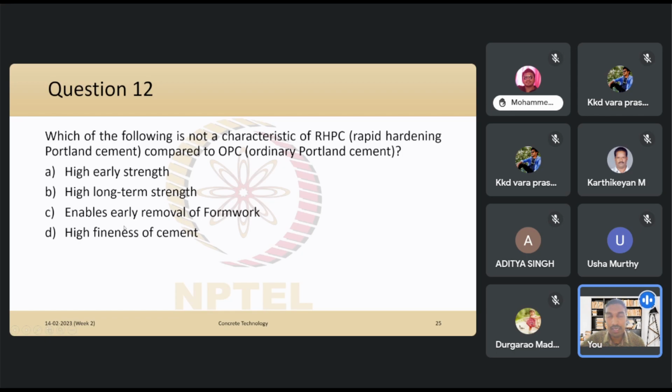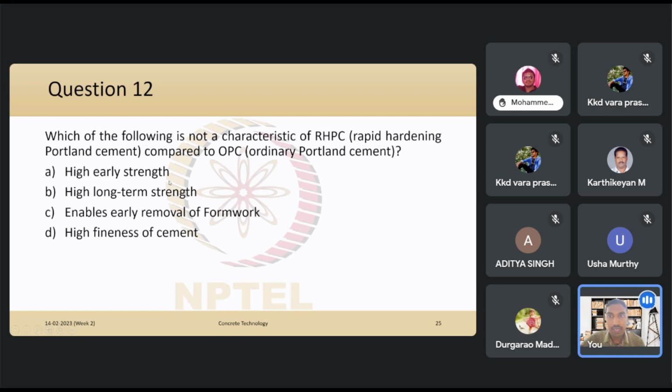Remember, the more the surface area, the higher the reactivity. So how do we get more surface area? When the particles are finer, the surface area will be larger, so that enables quick reactions. Therefore high fineness is also a characteristic of RHPC.